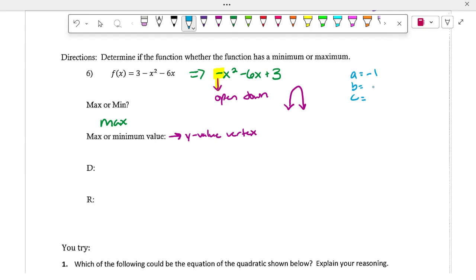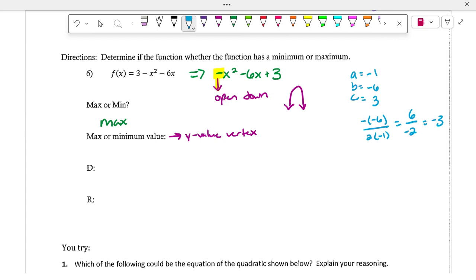Negative 1, B, and C. So if I do negative b over 2a, I got negative times negative 6 over 2 times negative 1. What's a negative times negative 6? 6 over negative 2, which is what? Negative 3. So that's the x value of the vertex.